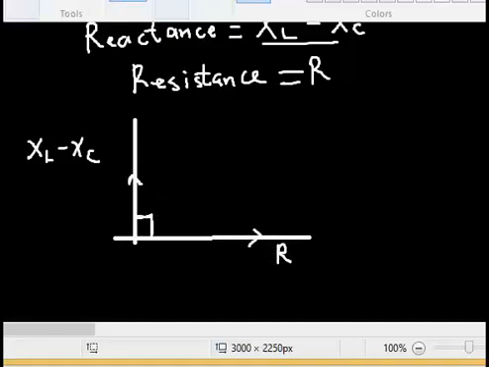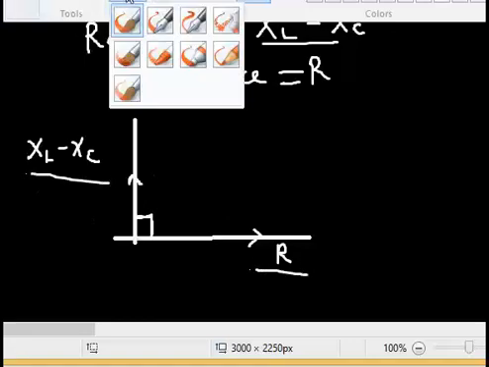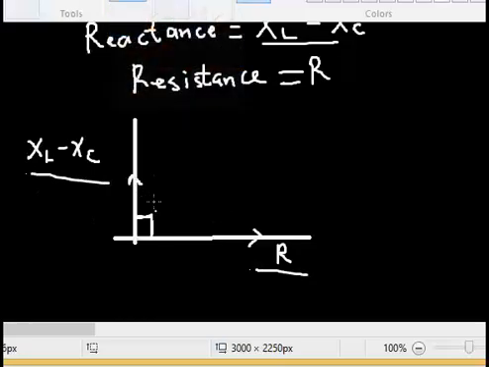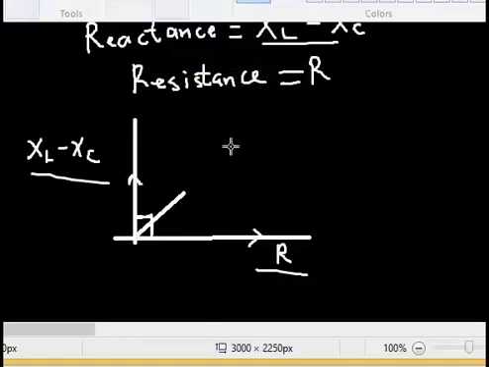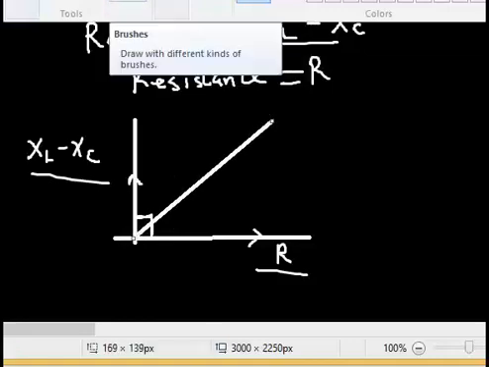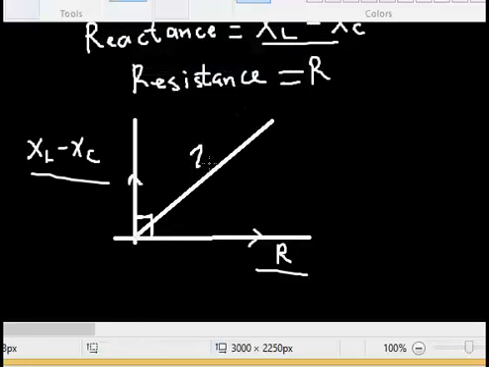So the impedance is going to be the resultant of this and this. And according to Pythagoras theorem, since they are perpendicular to each other, I apply Pythagoras theorem, as in vectors, to get the resultant of two perpendicular vectors.